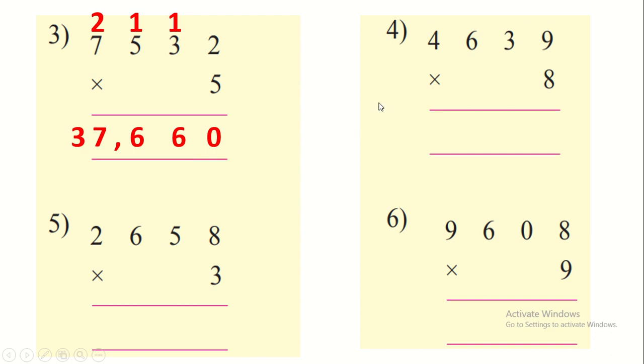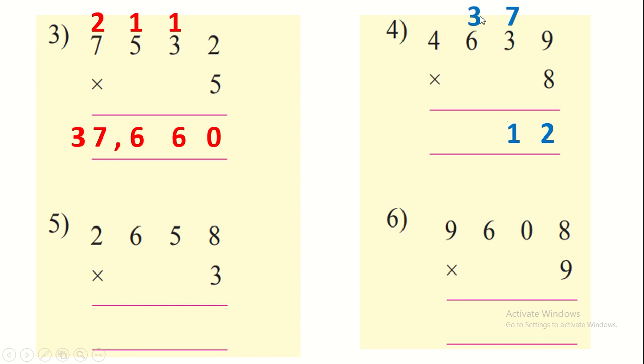Let's move to number 4. Number 4 is 4,639 times 8. Okay, first from here, going to the left. 8 times 9 is 72. Write 2, carry 7. Next is 8 times 3 is 24 plus 7 is 31.